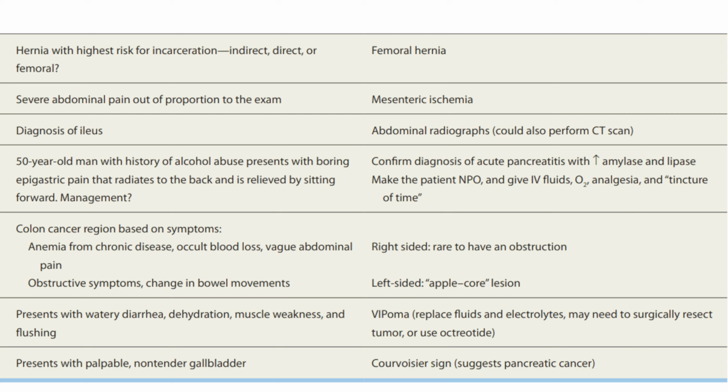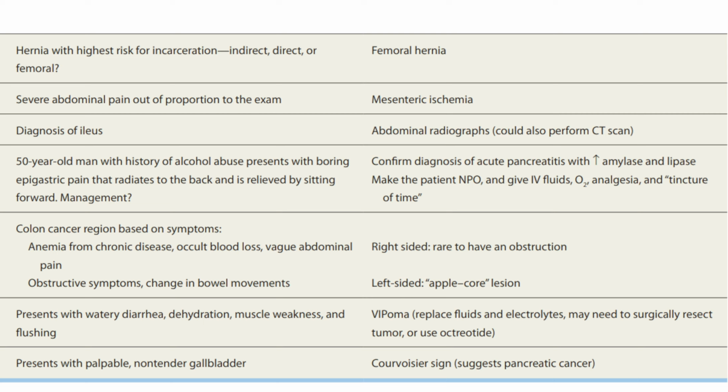Replace fluids and electrolytes, and the tumor may be surgically resected, or use octreotide. So remember, VIPoma is treated with octreotide or surgical resection of the tumor.